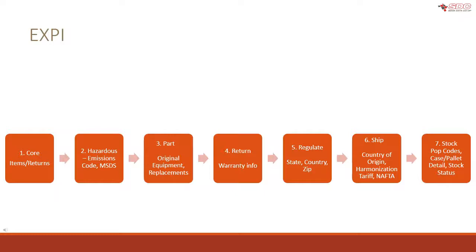So it would be one of the things we would look up in the PIEs code table. And then last is the stock area. And this allows for sales popularity information, pallet layer, or stock status information. So to wrap the EXPI segment up, it's kind of a catch-all segment, and there's over 40 fields that fit within the different areas here.